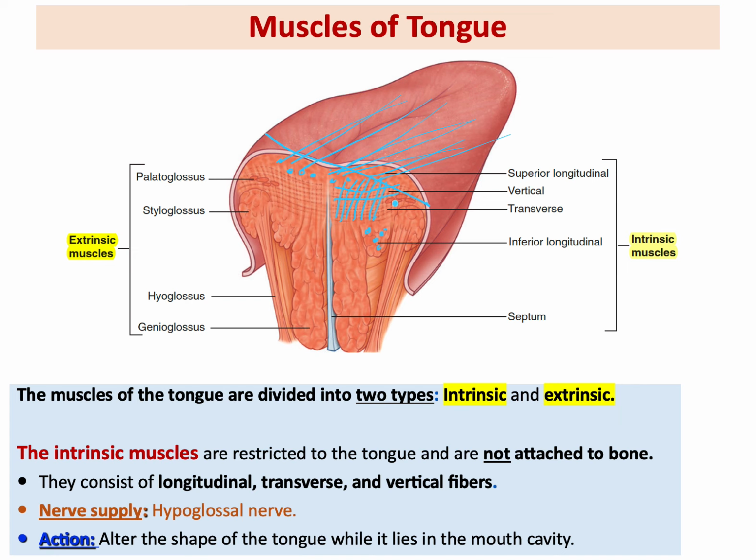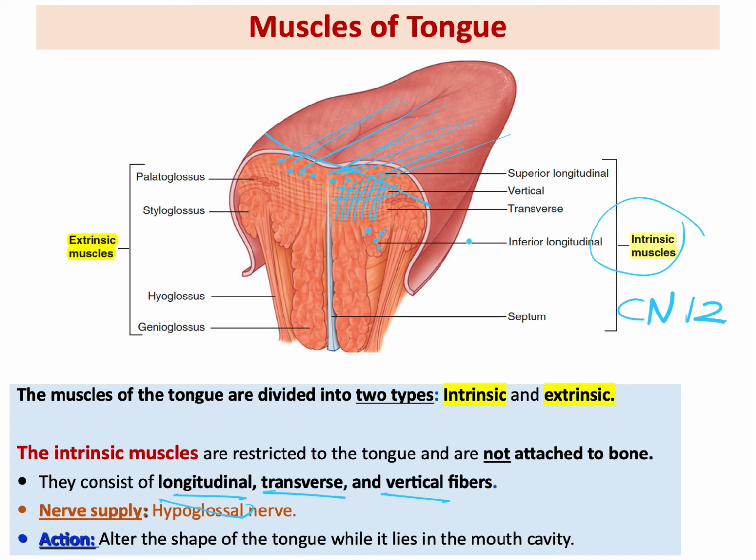So the intrinsic muscles, guys, are longitudinal, transverse, and vertical fibers, and all are innervated by cranial nerve number 12, known as the hypoglossal nerve. The function mainly of intrinsic muscles is to change and alter the shape of the tongue itself while it lies in the mouth cavity.